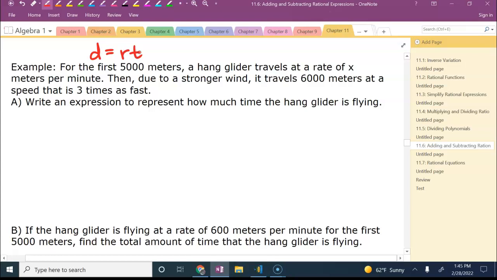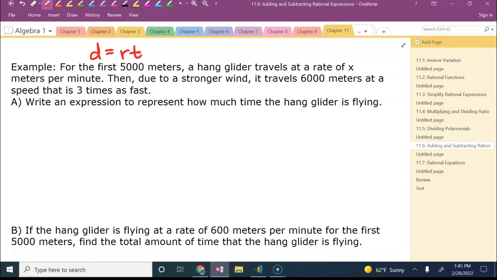Distance equals your rate times time. So if you knew how fast you were traveling and how long you had been traveling for, you should be able to figure out how far you've traveled, like how many miles you've driven. So we're going to talk about this equation a little bit today, but in some of these other examples, you might see these rational expressions showing up.